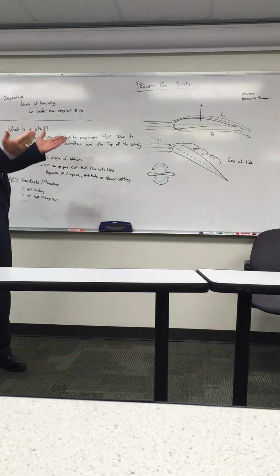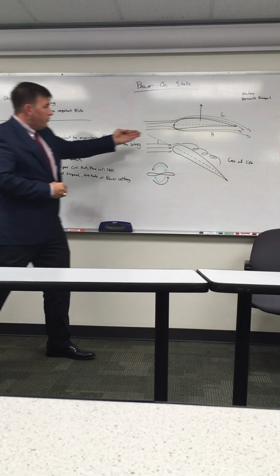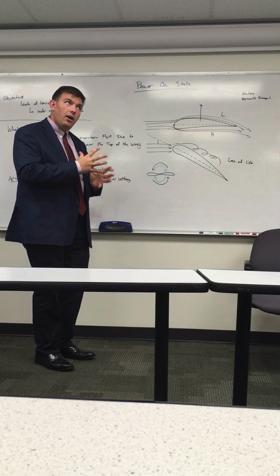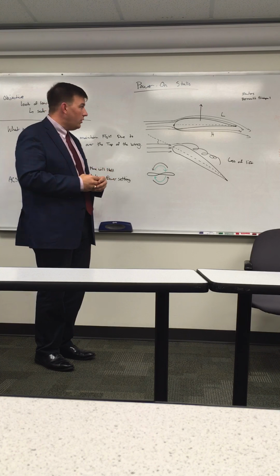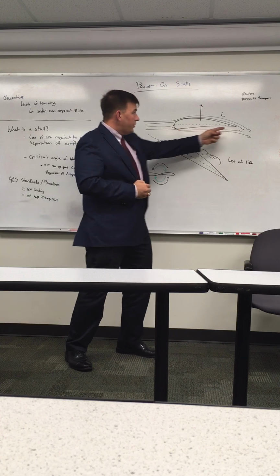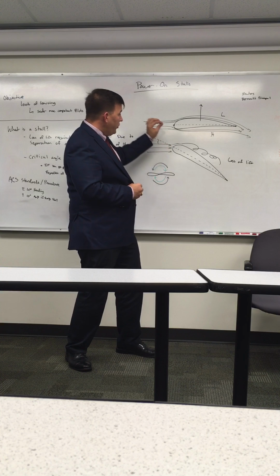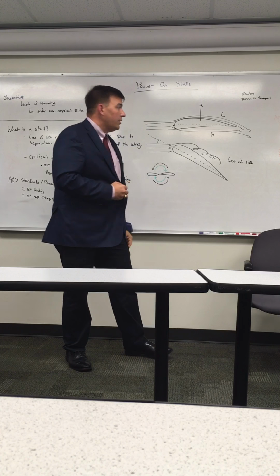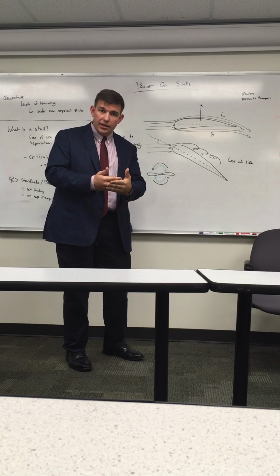To demonstrate this, I drew an airfoil so that we could understand the basics of how a stall occurs. Here we have an airfoil with a leading edge and a trailing edge. If you were to draw a line from the leading edge to the trailing edge, that is called the chord line.